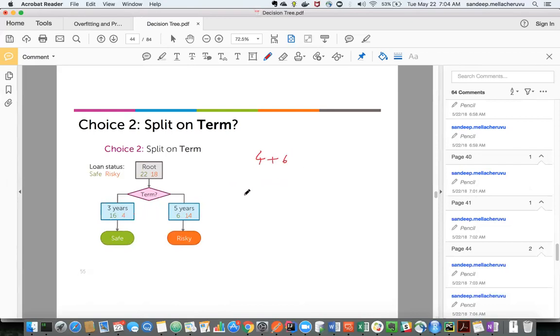So 4 plus 6 is the number of errors, divided by the total number of elements we split on: 16 plus 4, 20, 20 plus 6, 26, plus 14, 40. This is the total number of data points that we split on. What is the classification error? 10 by 40, which is nothing but 0.25.